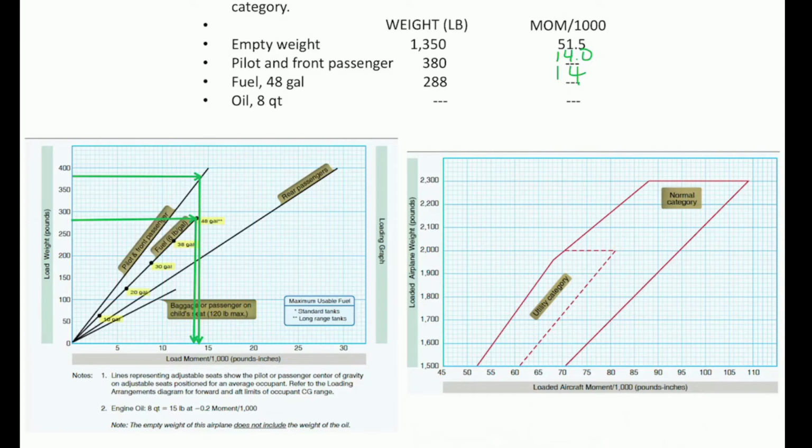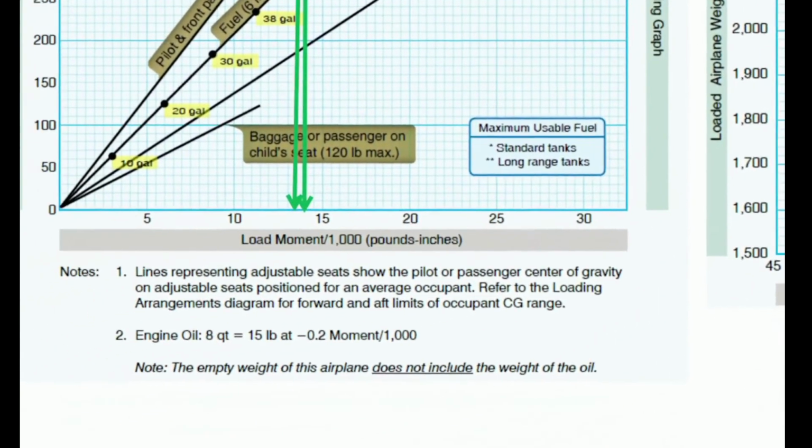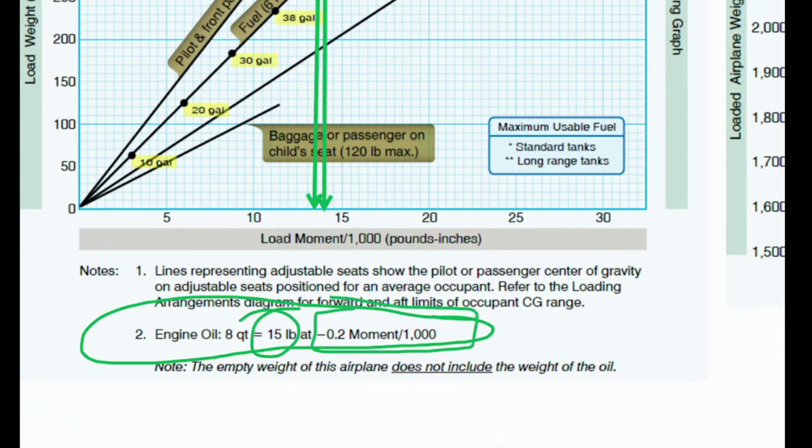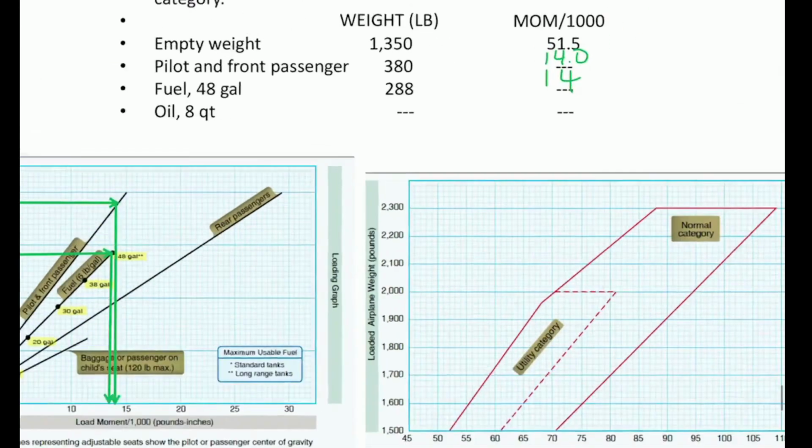All right, we have 8 quarts of oil. And if we look down here on the notes, engine oil of 8 quarts is 15 pounds at negative 0.2 on the moment.